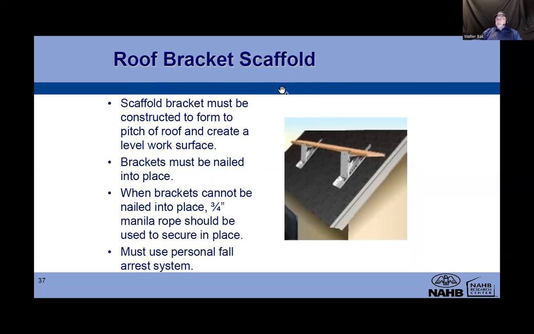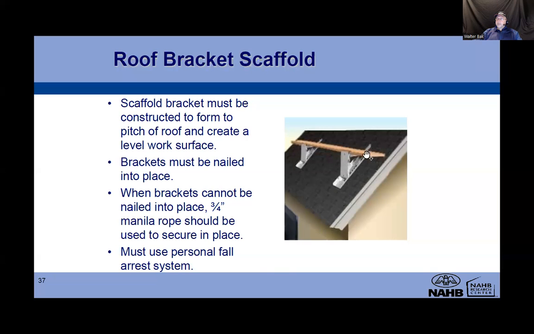Roof bracket scaffolds. As far as electrical work, you're not going to get a lot of exposure to that, but since we're talking about scaffolds and platforms, might as well mention it. Let's see what this one says. Scaffold brackets must be constructed to fit the pitch of a roof to create a level work surface.